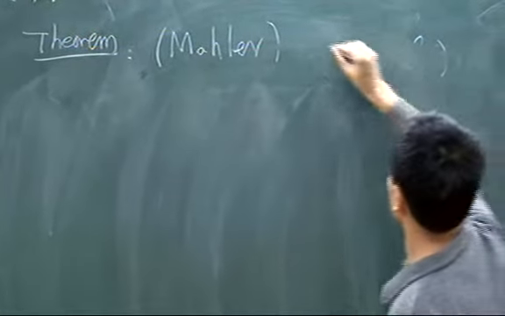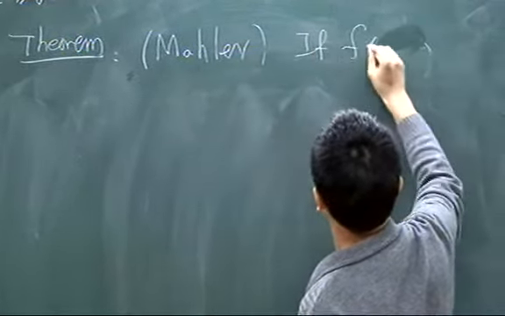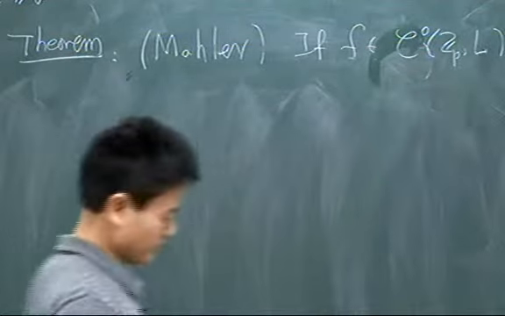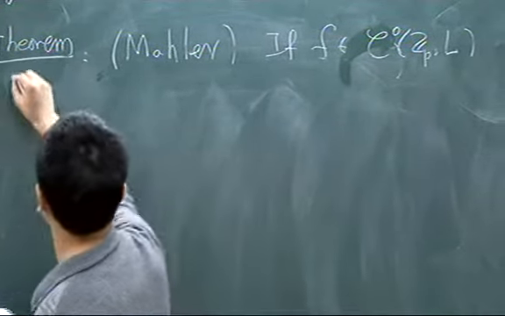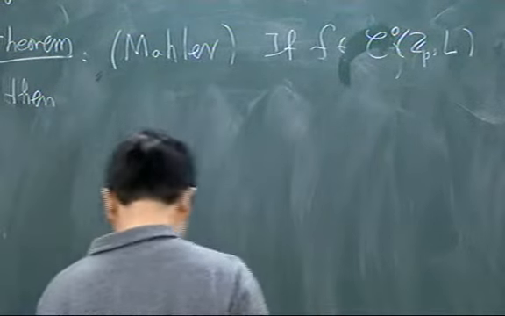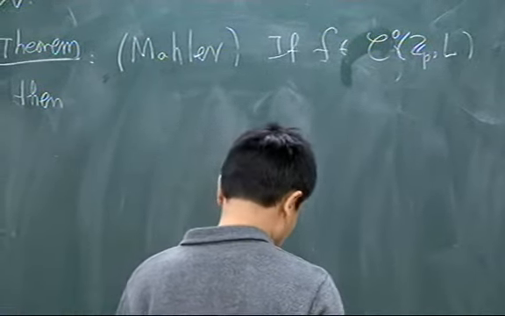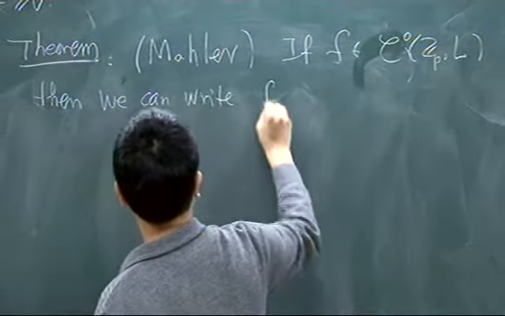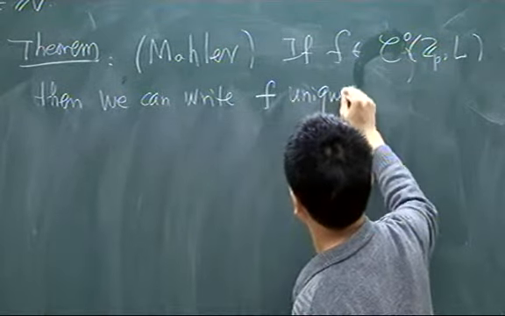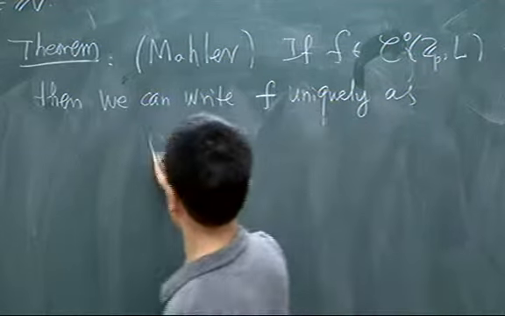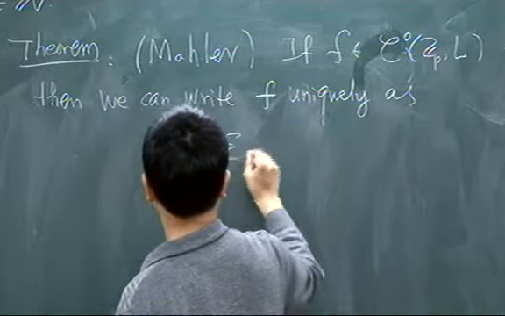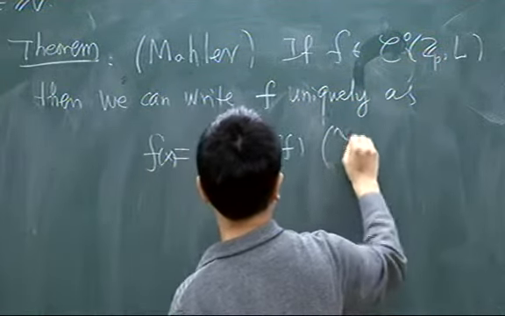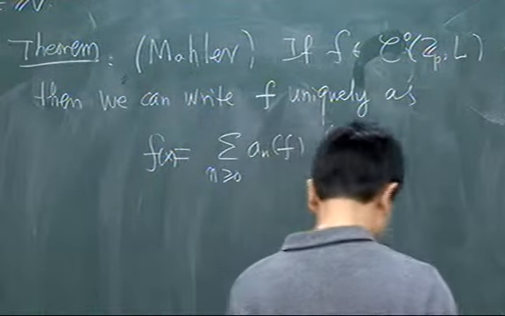Mahler's theorem says that if f is in C0(Zp, L), and you can replace L by Qp, then we can write f uniquely as the sum of a_n(f) times x choose n.